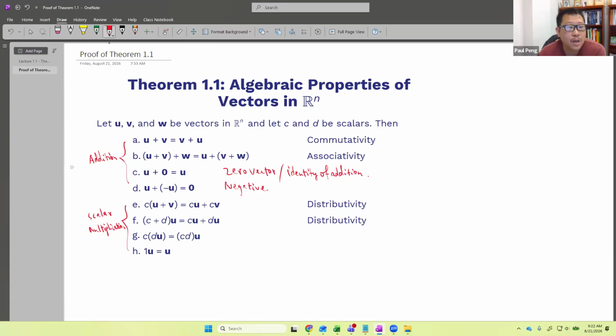So it looks like associativity works for both of the operations. So it's consistent or compatible. So G we usually call compatibility. The last one, 1 times u equals u, that one we call the identity of scalar multiplication.